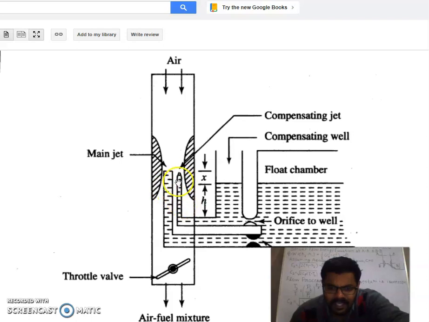Okay, I am repeating this again. The fuel level here is maintained through this orifice. So there is no supply of fuel except this orifice. So this orifice is a restricted space. So if this level of fuel starts to go down, the amount of fuel supplied to the engine by this compensating jet will decrease progressively.